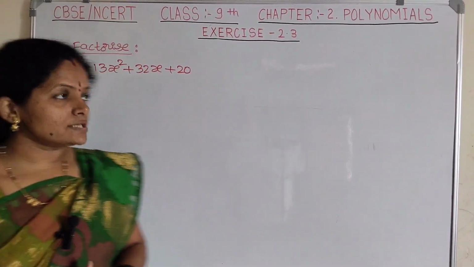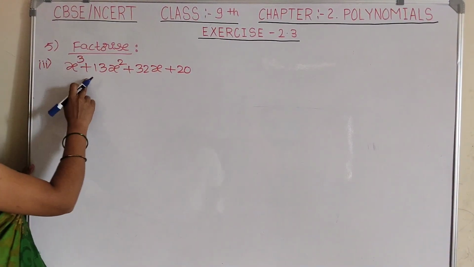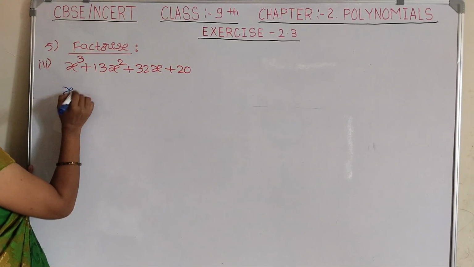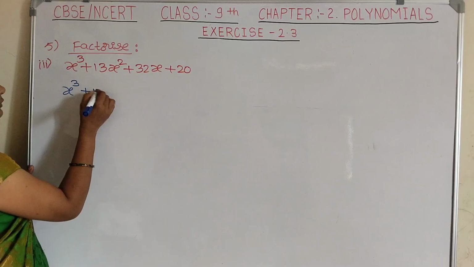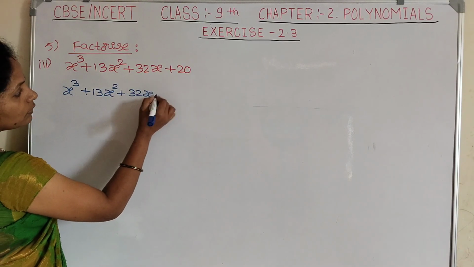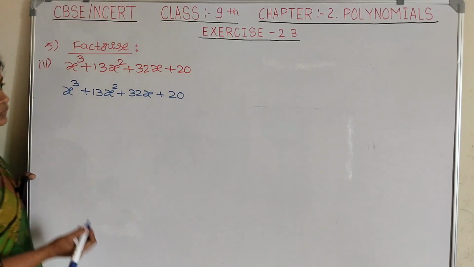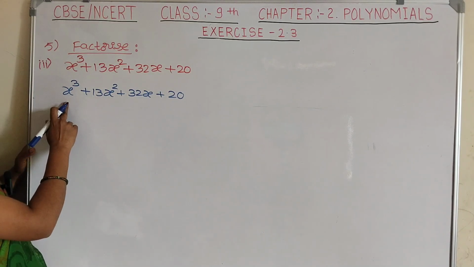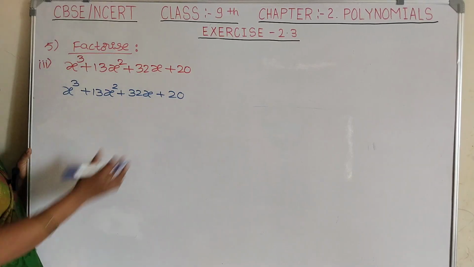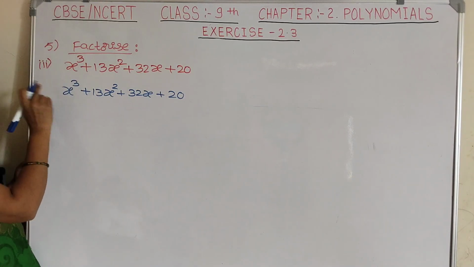The third question is x cube plus 13x square plus 32x plus 20. Let us write this. Here the constant is 20. The coefficient of x cube is 1.